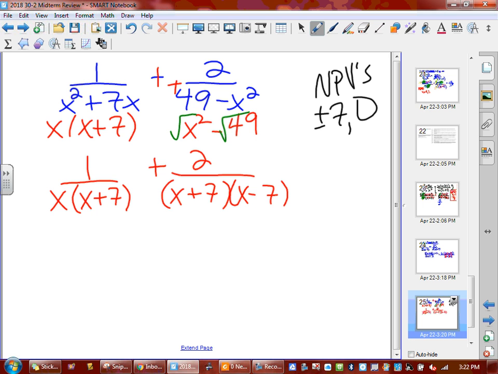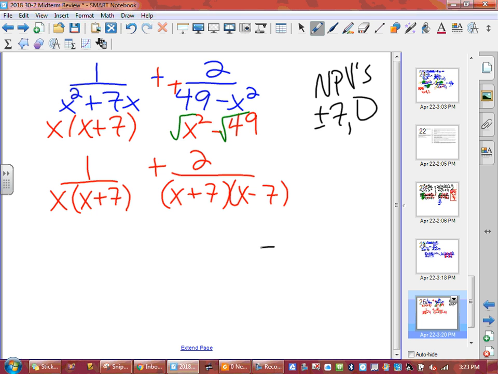We have 3 separate things. When we have 3 separate things, we need to use all 3 of them. So the one on the right is missing just the variable x. And the one on the left is missing the bracket x minus 7. So that's what we have to do.